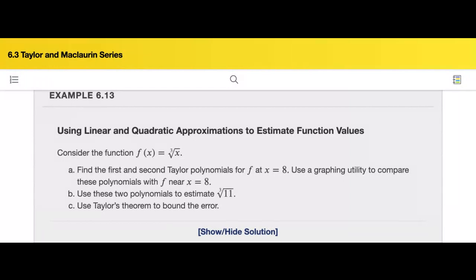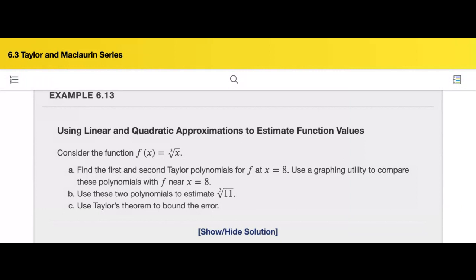But what is the cubic root of 7? What's the cubic root of 6? What's the cubic root of 5? We can punch it into a calculator. When we do, the calculator does exactly a Taylor polynomial or Maclaurin polynomial to approximate.